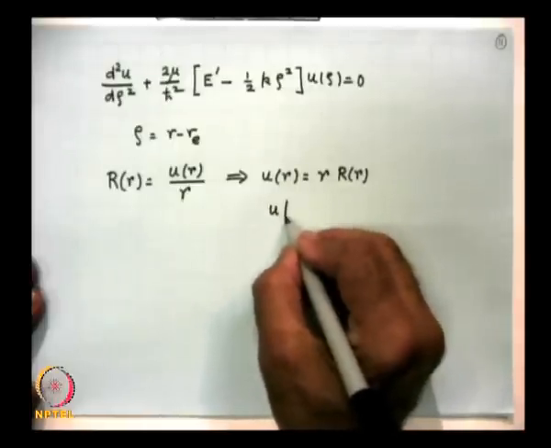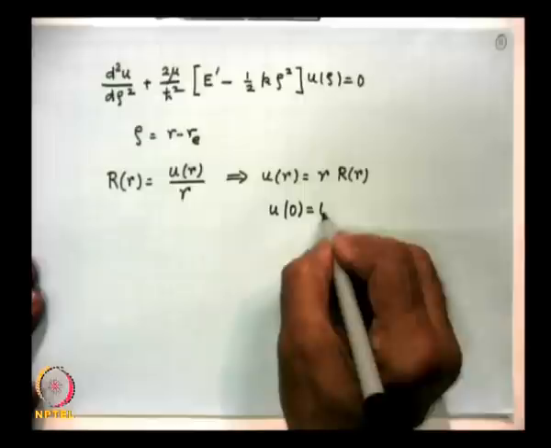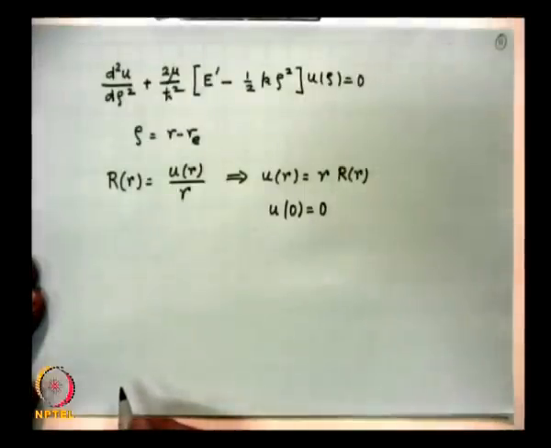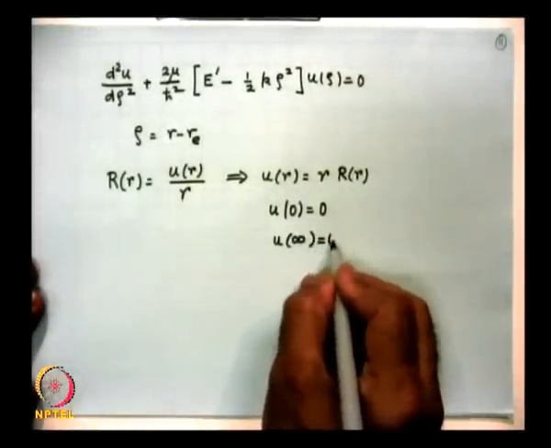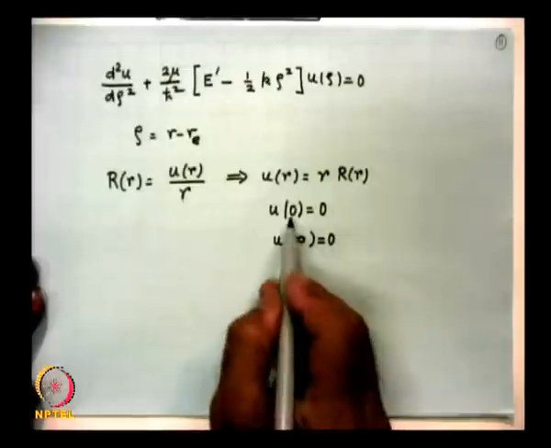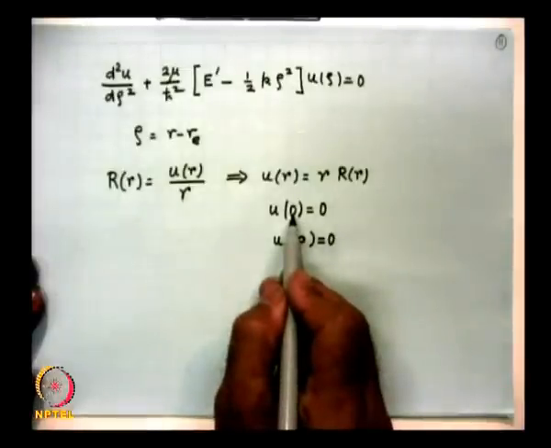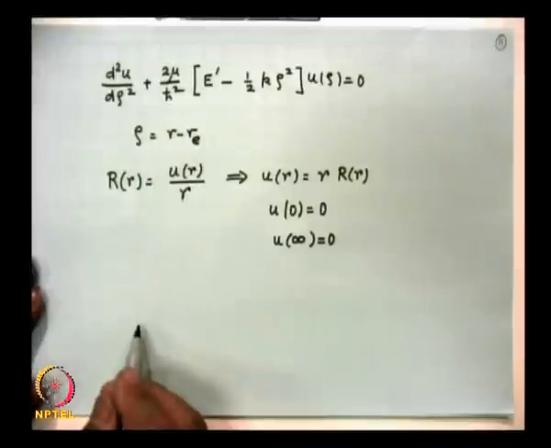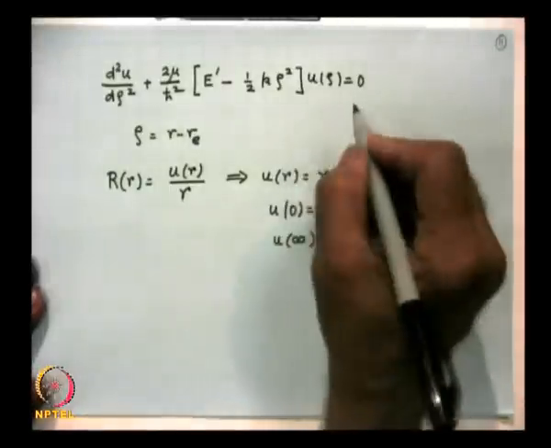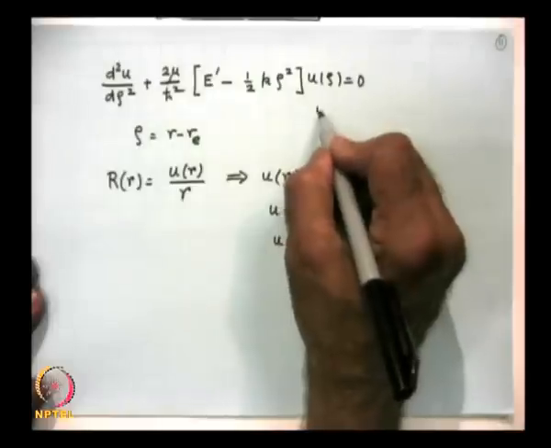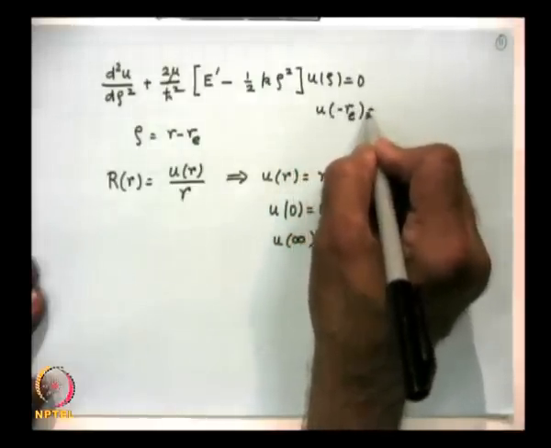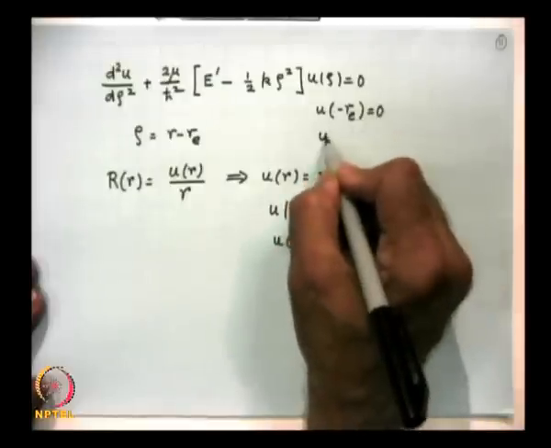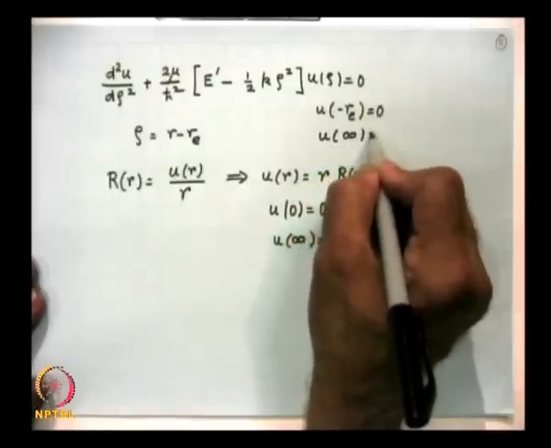So, u of 0 is equal to 0, and of course, at infinity it is 0. So, r equal to 0 means rho equal to minus r e. So, the boundary conditions are u at minus r e must be 0 and u at infinity must be 0.